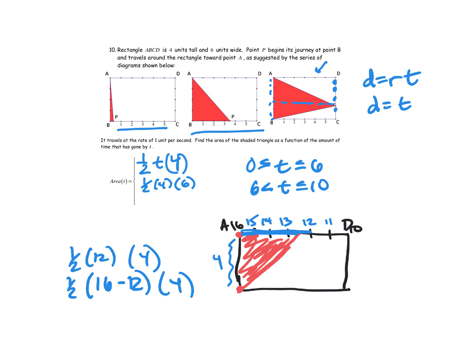Okay, so that means the last piece is going to be 1/2, and then this base here will now be total time, 16, minus the time that has passed. If I did t minus 16, that would be a negative value, which we certainly don't want. We don't want -4. And times that height of 4. So that's the case for 10.